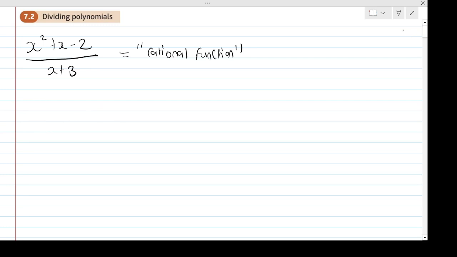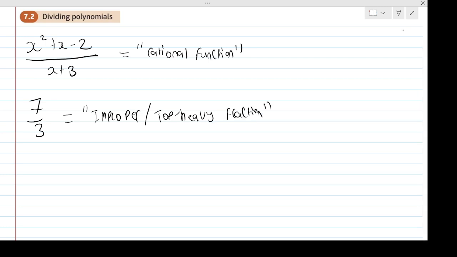Okay, so first of all, I'm going to do a bit of a GCSE recap and remind you that if we have a fraction, say 7 over 3, we call this an improper or a top-heavy fraction, because the number on the top, the numerator, is bigger than the bottom, hence the word top-heavy, okay?